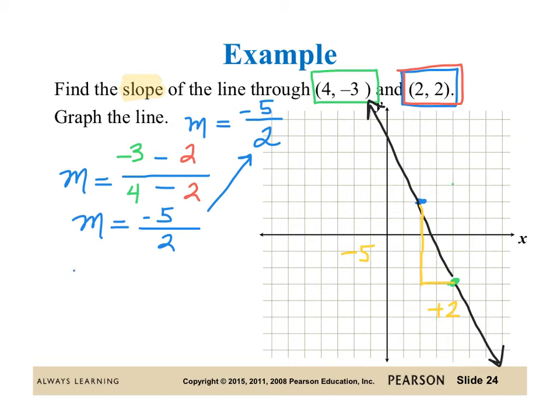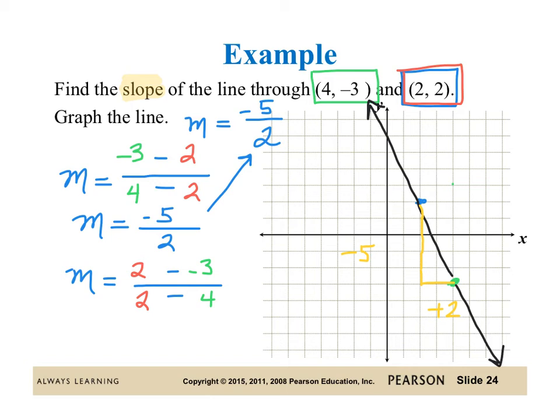But what I want you to understand is that it doesn't make any difference which point I choose to use first. I could use 2, 2 as the first point, and 4, -3 as the second point.